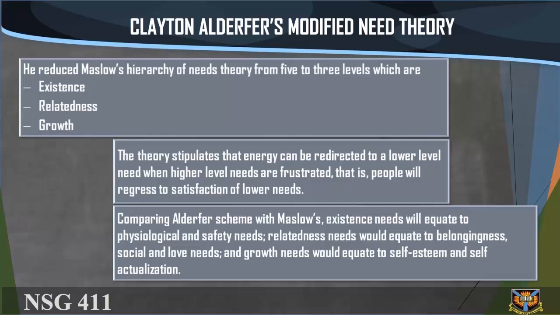That is, people will regress to satisfaction of lower needs. Comparing Alderfer's scheme with Maslow's, existence needs will equate to physiological and safety needs. Relatedness needs would equate to belongingness, social and love needs, and growth needs would equate to self-esteem and self-actualization.